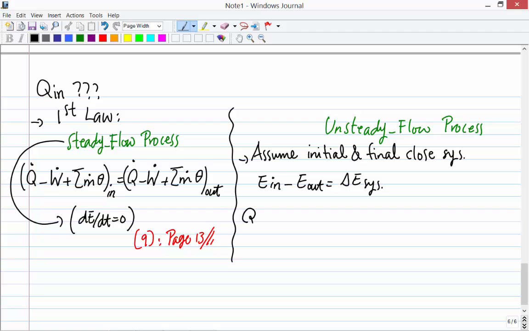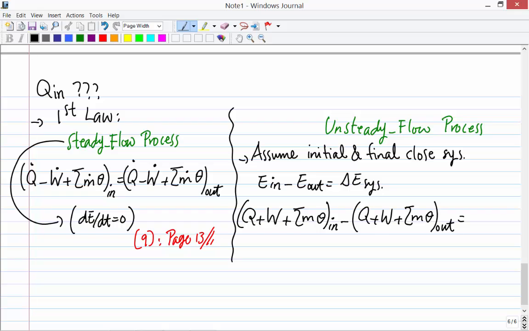Therefore, Q plus all types of work, boundary work, electrical work, friction, anything, plus the summation over the total energy, the enthalpy energy, carried by mass through the inlet, minus the same thing through the outlet, equals the change.